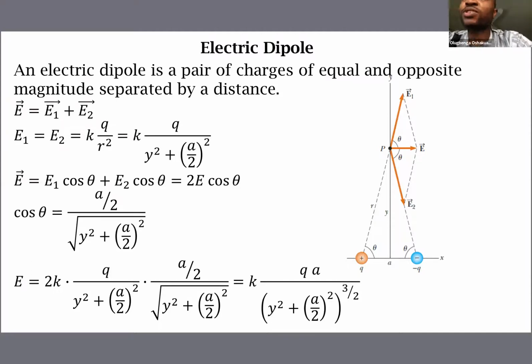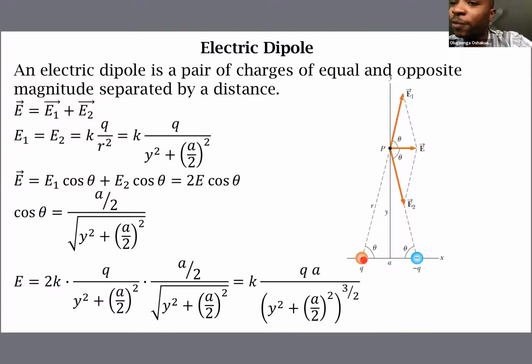So when we have a system comprising a proton and an electron, we can say that both of them can form a dipole. When we have two charges, just as illustrated on this page, this is a positive charge and a negative charge.